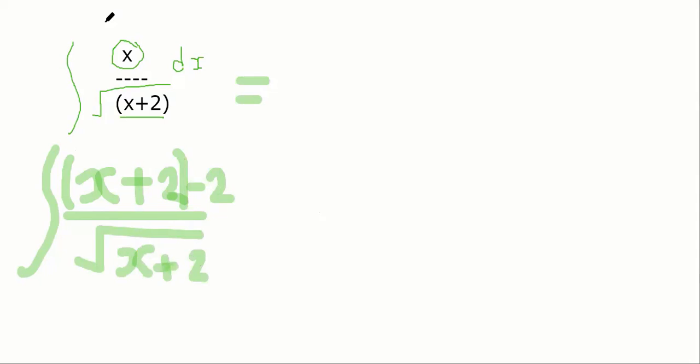So what will it become? It becomes x plus 2 divided by root x plus 2. How much will it be? Root x plus 2, or x plus 2 power half, because we are going to use the x to power n term. That is done. Minus 2 by root x plus 2. Again I take the numerator, so x plus 2 becomes power minus half.